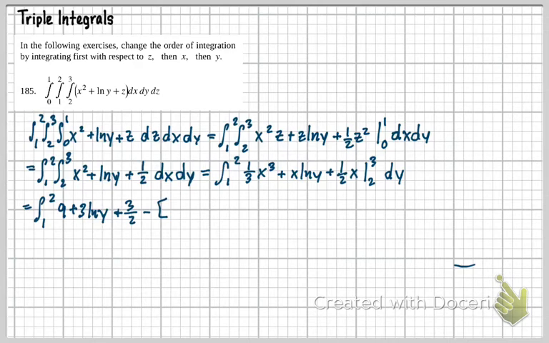Okay, and then I have minus the lower bound. The lower bound being when I plug the 2 in. So 2 cubed is 8, so that's going to be 8/3. And then plus 2 ln of y, and then 2 over 2, which is 1, so plus 1. And that's going to be dy left. So now we're going to simplify this even more.